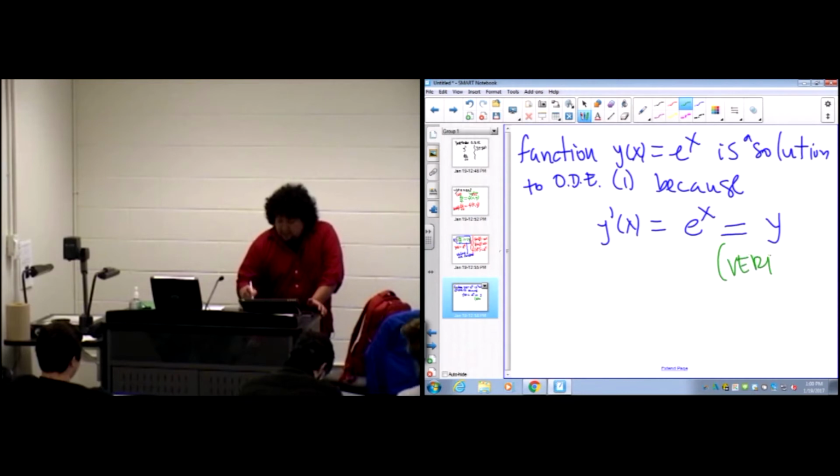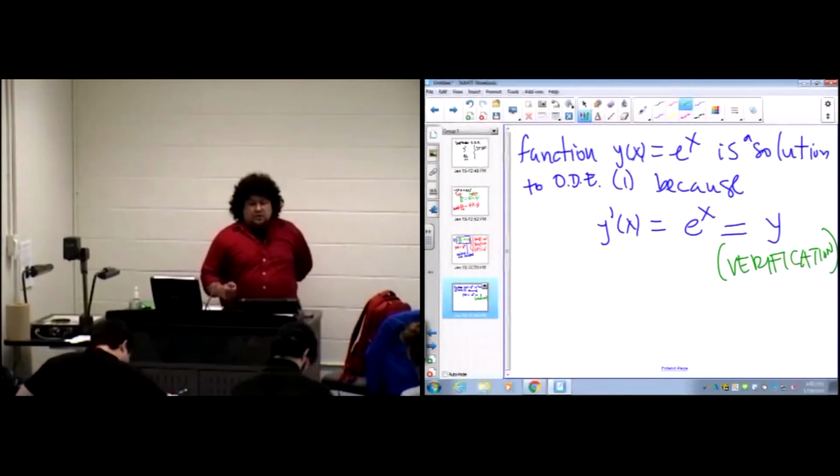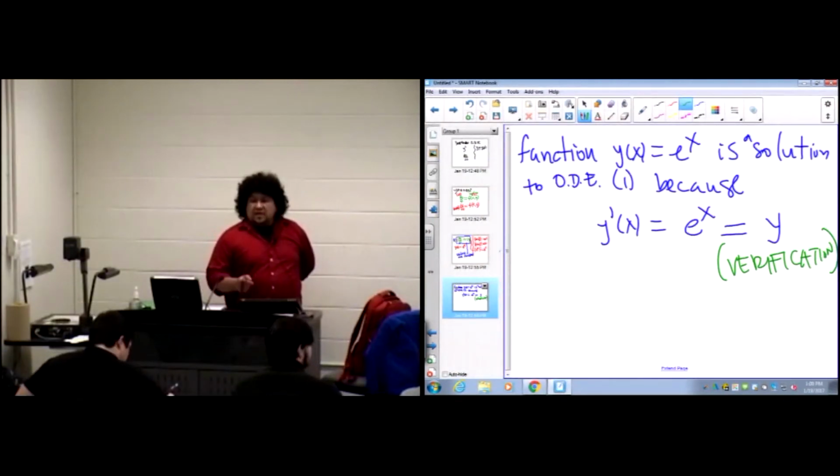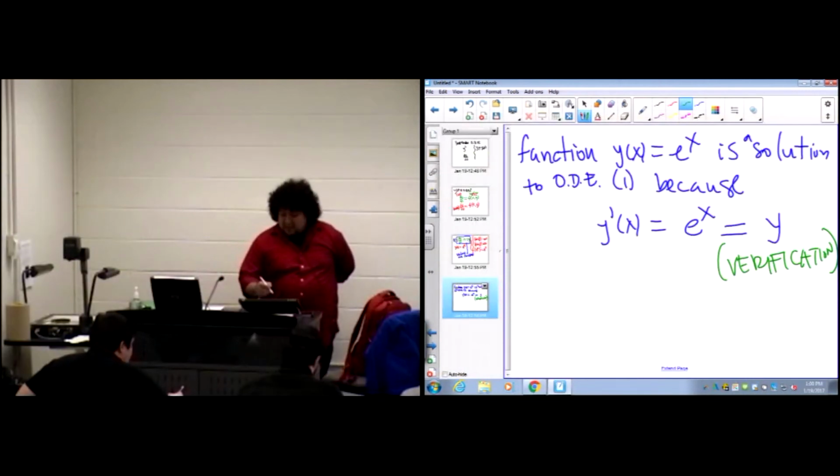So what we just did there in those two lines is something that we're going to refer to as verification. If there is a function which we claim is the solution to the differential equation, when we differentiate that function, we should be able to recover the equation.